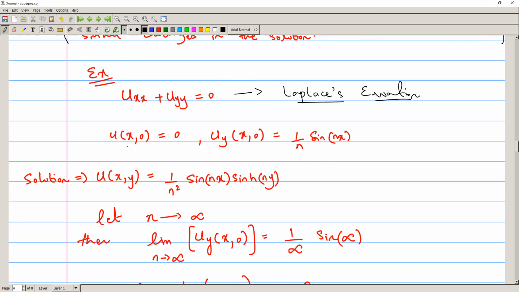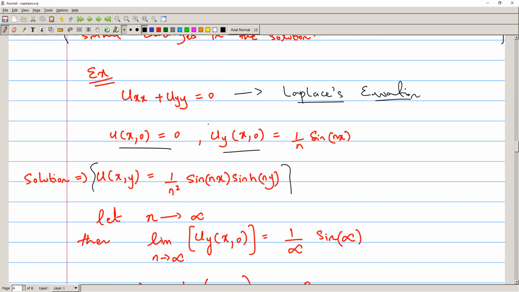So here are the boundary conditions. u(x, 0) is equal to 0, and uy(x, 0) is equal to 1 over n sine nx, right? And this is the solution to the given Laplace equation, right?